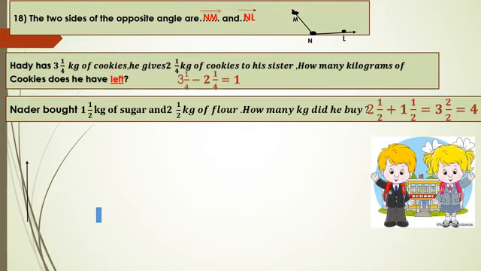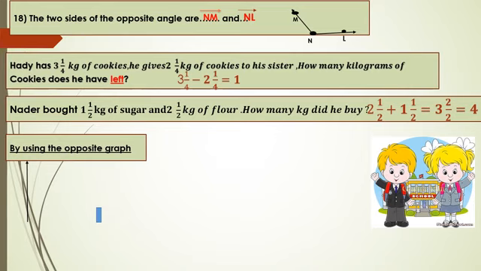And we write the same denominator, which is 2. You know that 2/2 equal 1. So we can add 1 plus 3 equal 4. So the last result is 4.